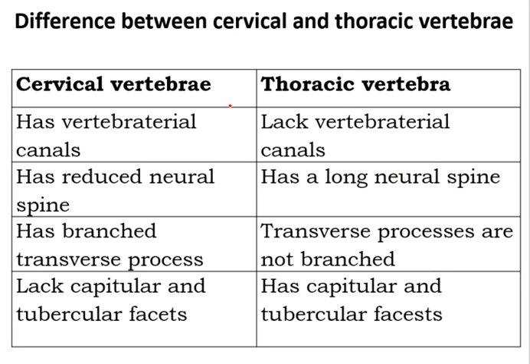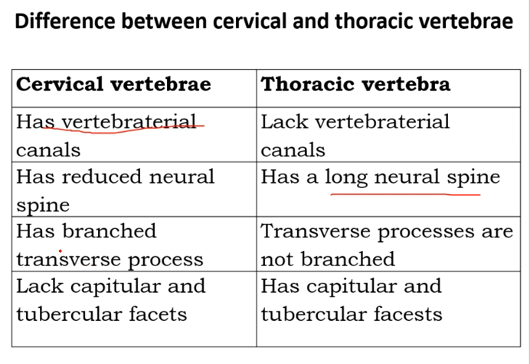Difference between cervical and thoracic vertebrae. Cervical vertebrae have vertebrarterial canals, which we said are for passage of nerves and blood vessels. Thoracic vertebrae lack vertebrarterial canals. Then cervical vertebrae have a reduced neurospine, while the thoracic vertebrae have a long neurospine, and that is for attachment of back muscles.